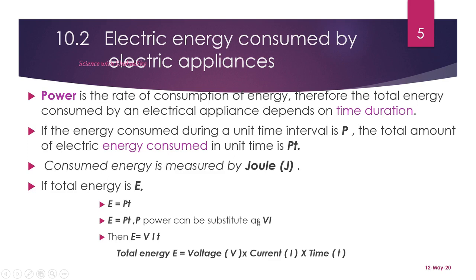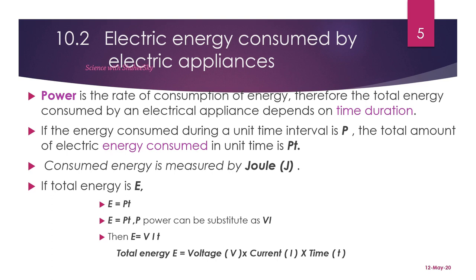Electric energy consumed by electric appliances. As you know, power is the rate of consumption of energy. Therefore, the total energy consumed by an electrical appliance depends on the time duration. If the energy consumed during a unit time interval is P, the total amount of electric energy consumed in time t is P into t.